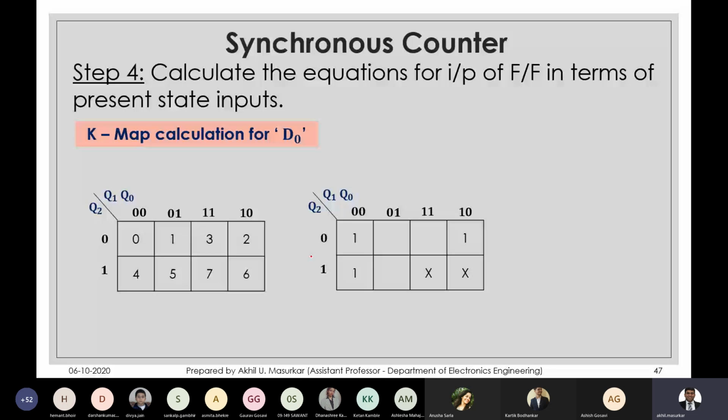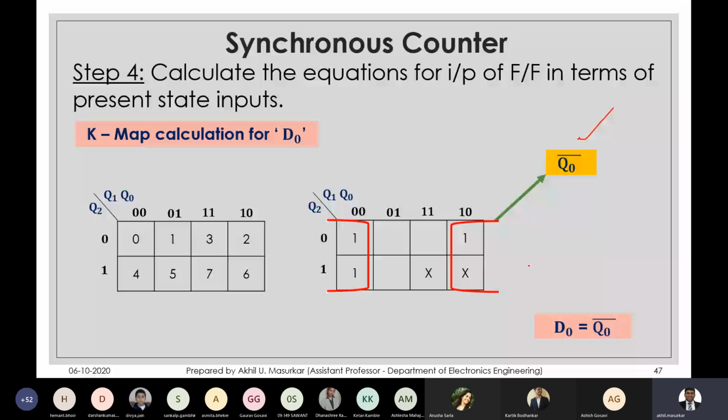Okay, Hemant. Let's see D0. Okay. D0 is Q0 bar, which is correct. So you will have just one quad, and quad will eliminate two variables. Only one is correct.